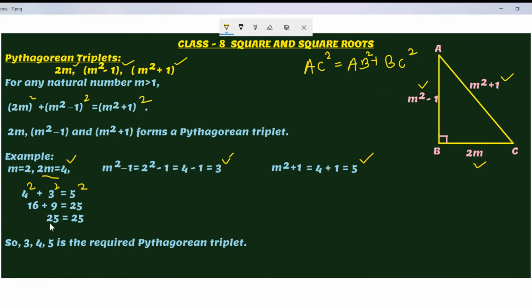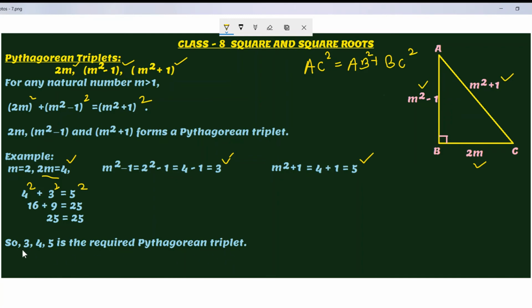We know 4 square is 16 and 3 square is 9, and 5 square is 25. If you add these two numbers, we will get 25. 25 is equivalent to 25. So these three numbers obey the Pythagoras theorem. Then we can say 3, 4, 5 is the required Pythagorean triplet.